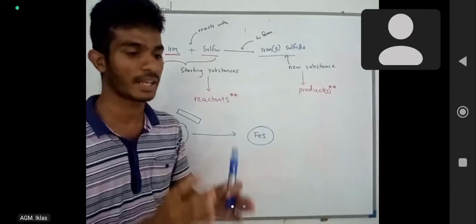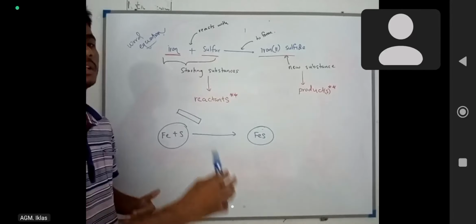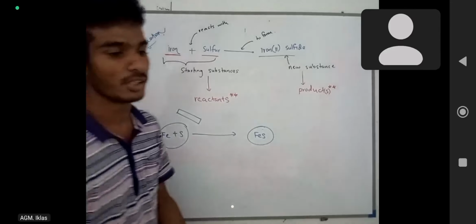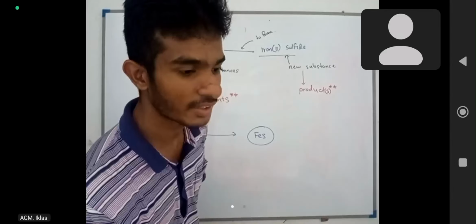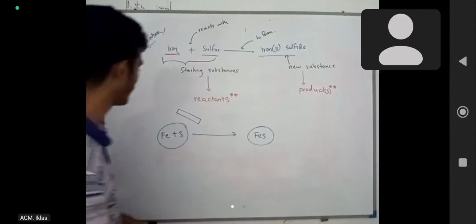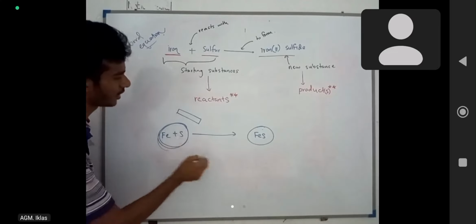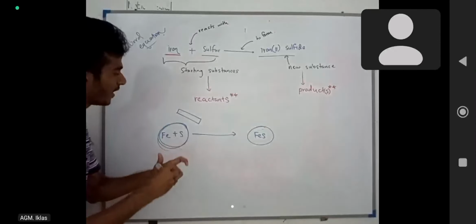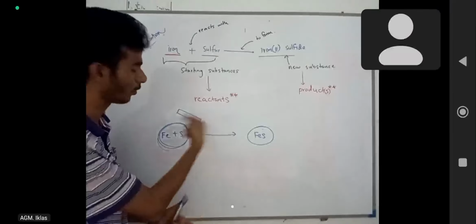When a chemical reaction occurs, energy will be taken in or given out. So energy was needed to start off the reaction between iron and sulfur. To start this reaction to result in Fe sulfide, energy is needed. That's why we brought the hot metal rod.